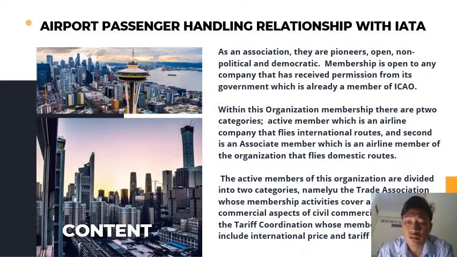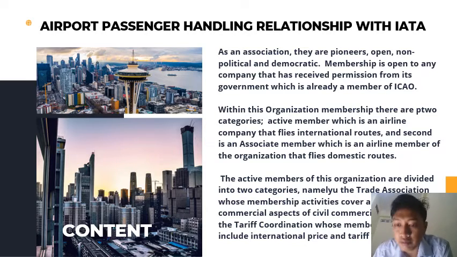And next, there is the association. They are pioneers, open, non-political and democratic. Membership is open to any company that has received permission from its government, which is already a member of ICAO. Within this organization's membership, there are two categories. That is, there are active members, which are companies that fly international routes, and second is associate member, which is an airline member of the organization that flies domestic routes.